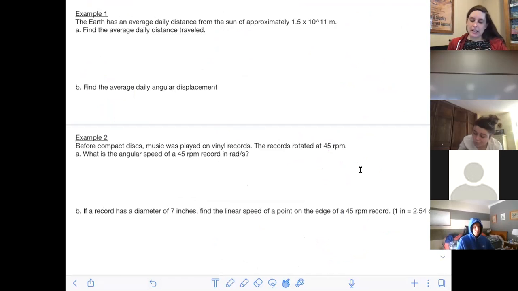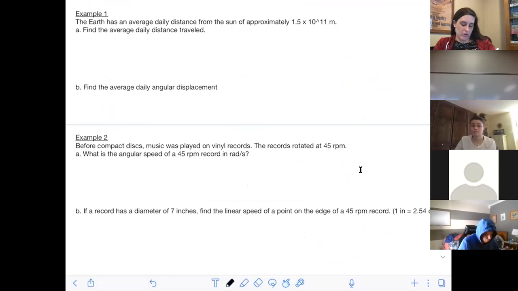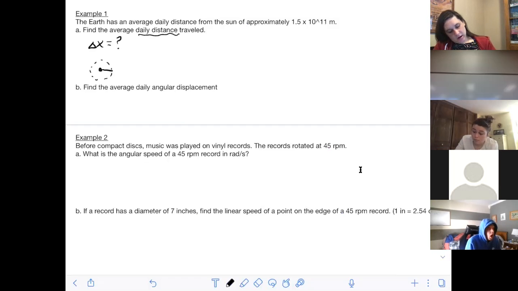The Earth has an average distance from the sun of approximately 1.5 times 10 to the 11th meters. So what is the average daily distance that we travel? If we're looking for average daily distance traveled, the question is asking me to find my linear displacement, my linear distance. They give me this r.